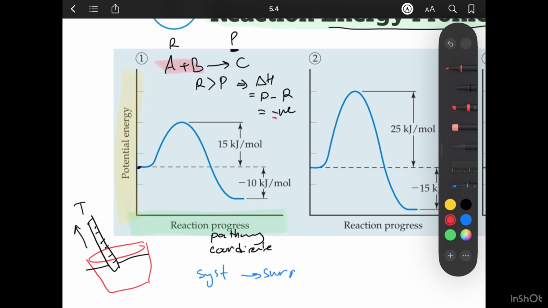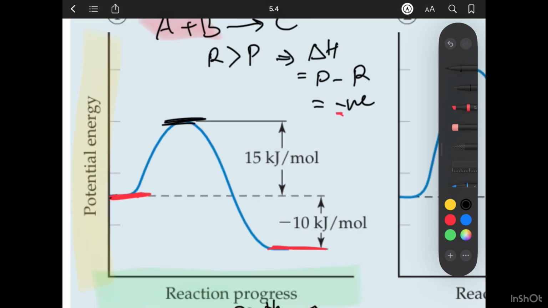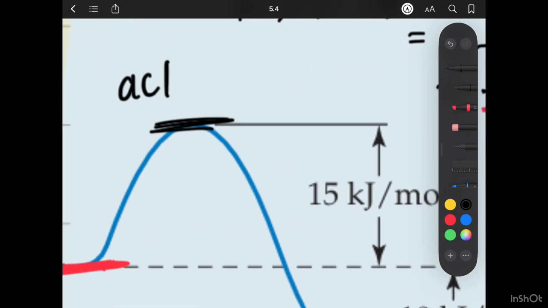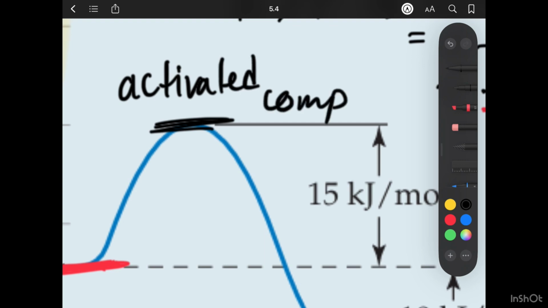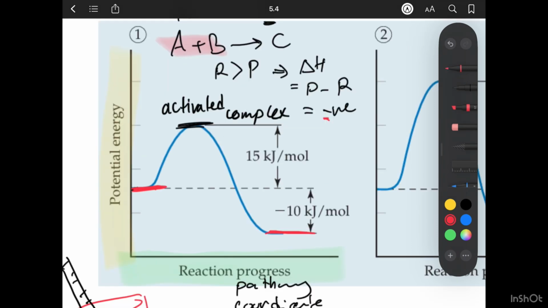One more thing to discuss. At the top of this graph, we can notice that it has a name: the activated complex. From its name, it's a complex compound. It describes a type of compound that is between products and reactants. It's not a product, it's not a reactant, but something in between, and it's highly unstable because it has high potential energy.